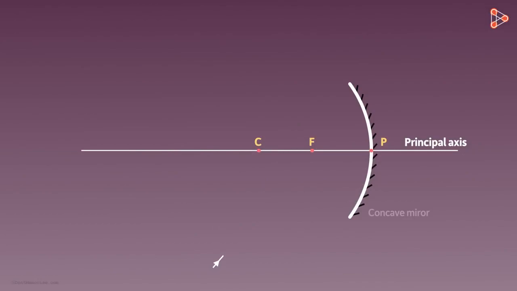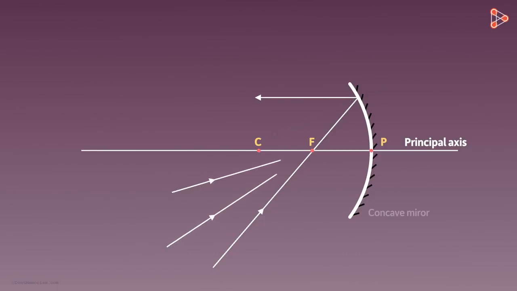Consider one light ray from a point on the object passing through the principal focus and incident on the mirror. We know that this ray will be reflected according to the laws of reflection. Consider two more rays from different points of the object, both passing through the principal focus, incident on the mirror. After reflection from the concave mirror, we see that they all travel parallel to the first reflected ray.